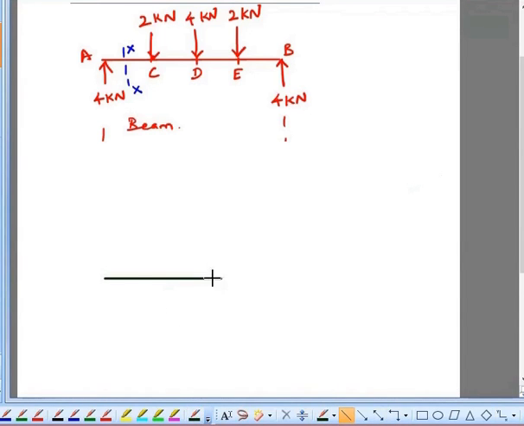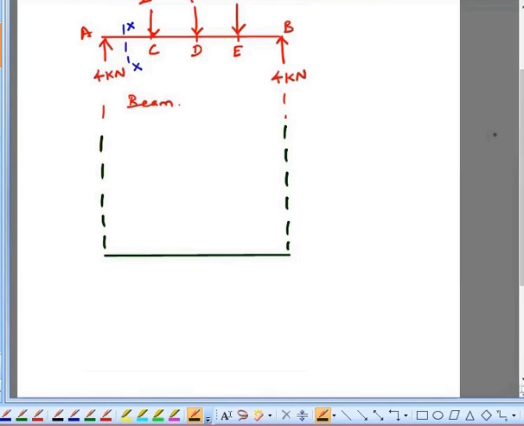You draw a horizontal line like this. From points A and B, draw vertical projections to this horizontal line. Now you have to calculate the bending moment at the different points A, B, C, D, and E.